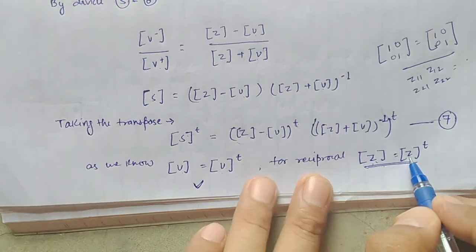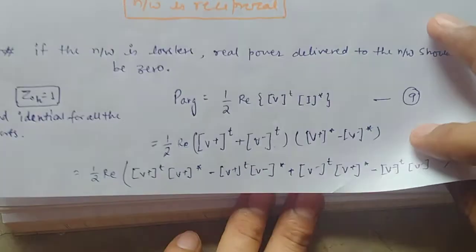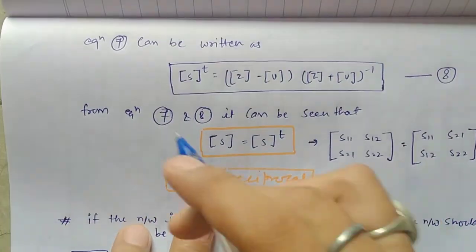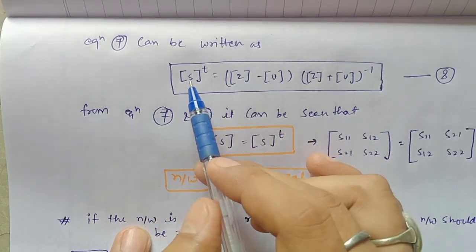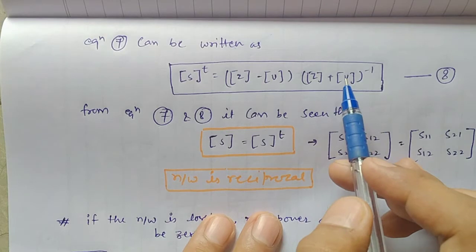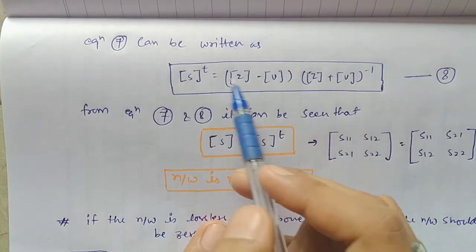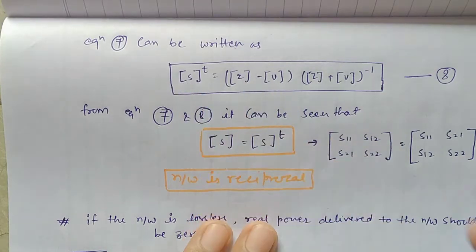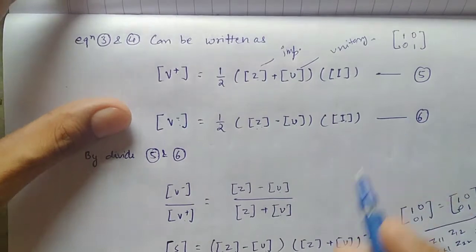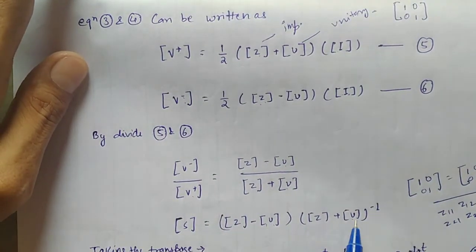Now using this condition and this condition, I will modify equation 7. So equation 7 can be written as S transpose equals Z minus U and Z plus unity matrix inverse. So now we can see here the transpose is also the same. We have seen our matrix S was nothing but Z minus U and Z plus U inverse.